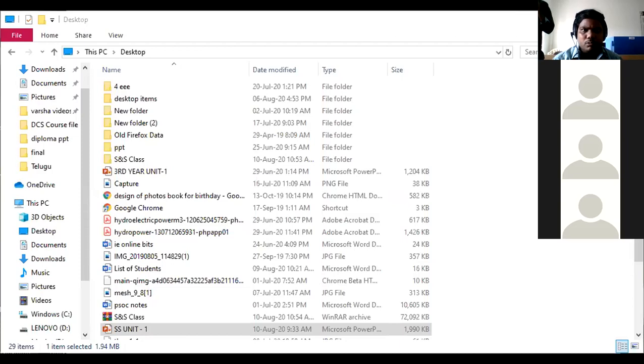Now I would like to continue with further classifications. Now coming to the classification of signals, in that, even and odd signals.